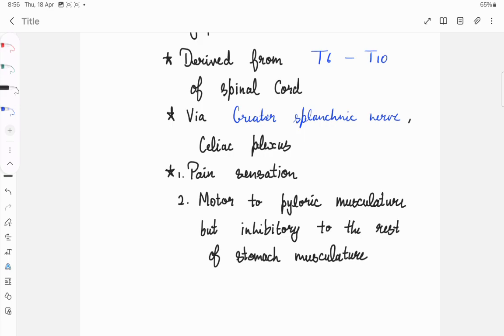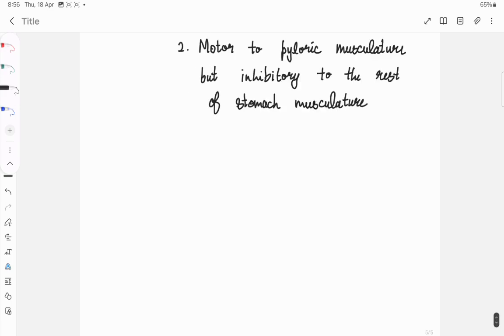So basically sympathetic nerve supply gives pain sensation and it reduces the GI movement because it will inhibit the stomach musculature and contract the pyloric musculature, so food will stay there.